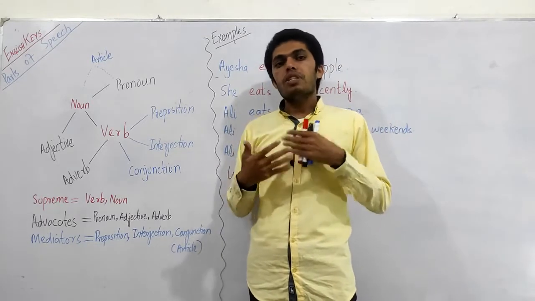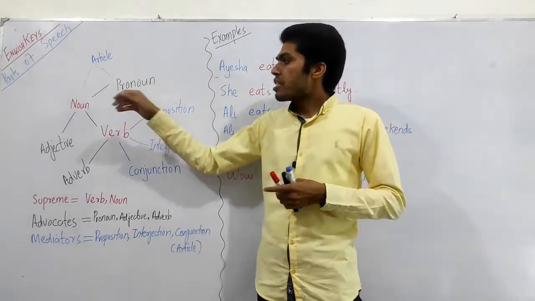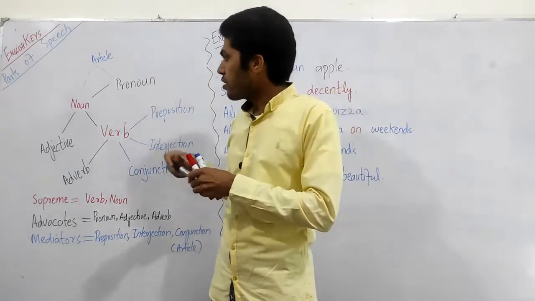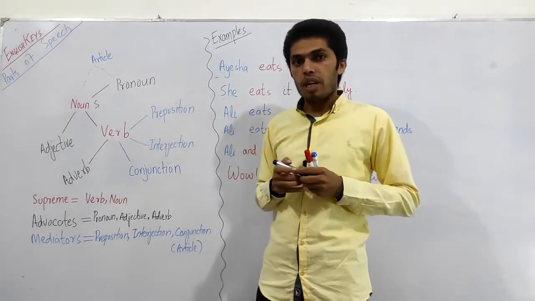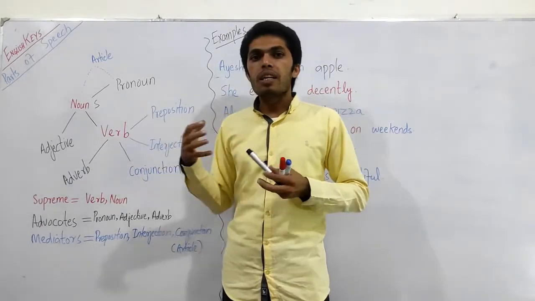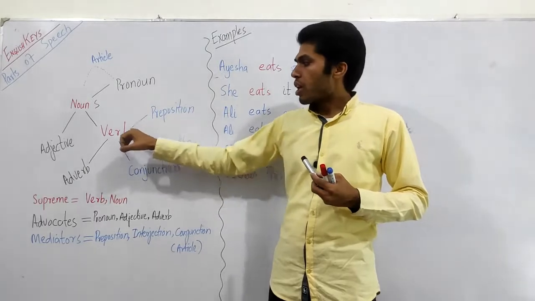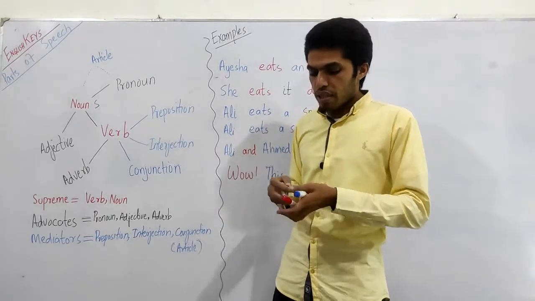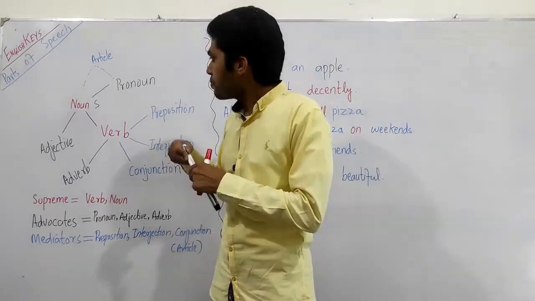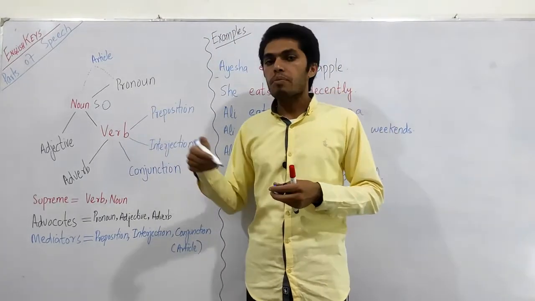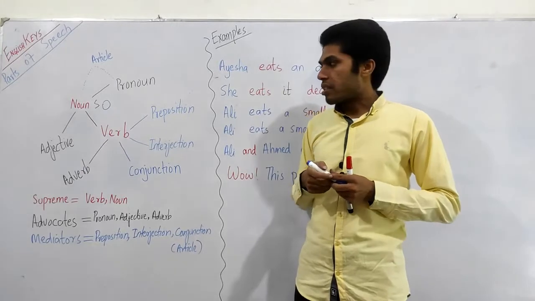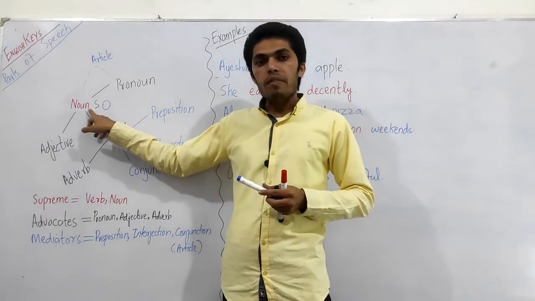If the person is performing the action, then the noun is the subject. And if the person is receiving the effect of that verb, then the noun is the object. Subject means the person who is doing an action, and object means the person who is receiving an action. Now verb and noun we have discussed.